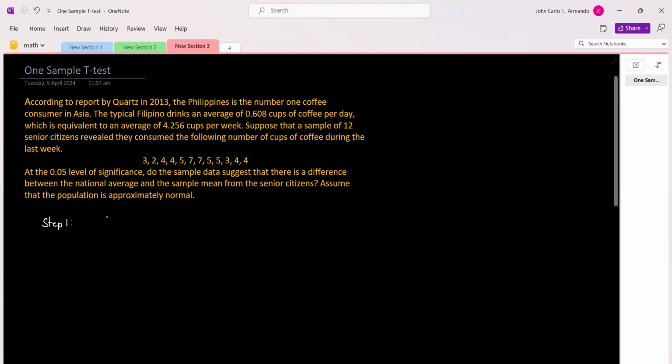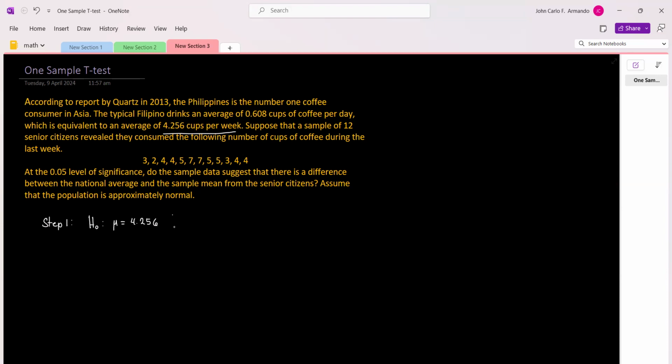We identify the null and alternative hypothesis. So the null hypothesis here, we're going to consider the average per week, which is 4.256. So the population mean is equal to 4.256 cups per week.